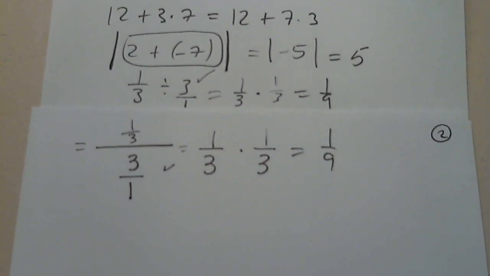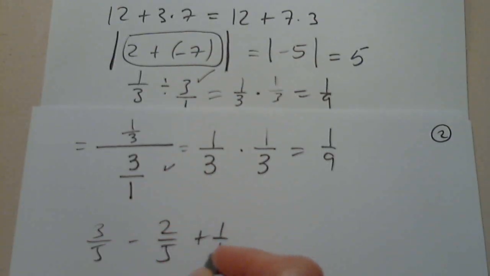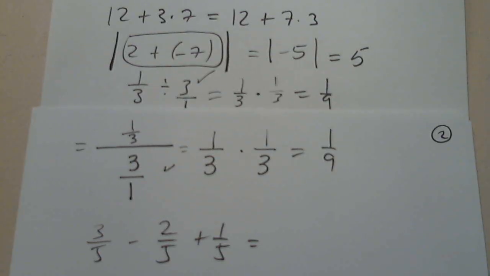Then we have a very simple example, which is 3/5 minus 2/5 plus 1/5. So what do you think about this?